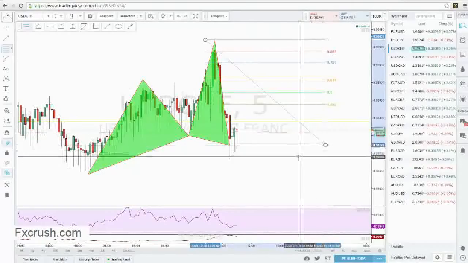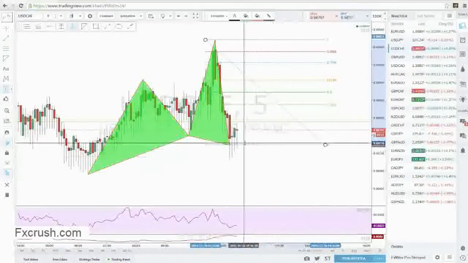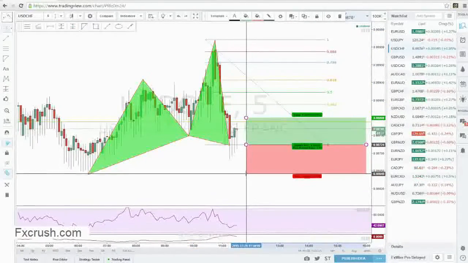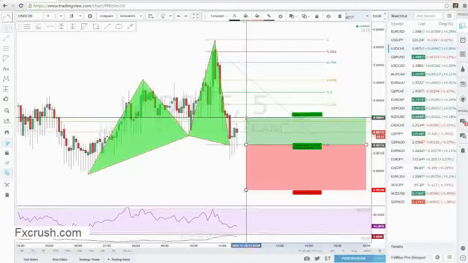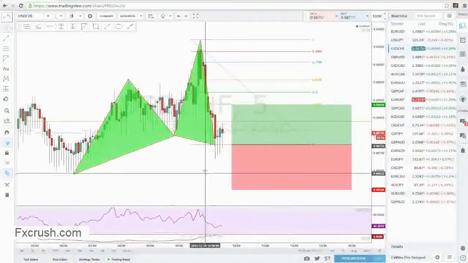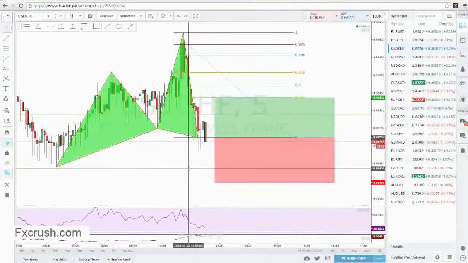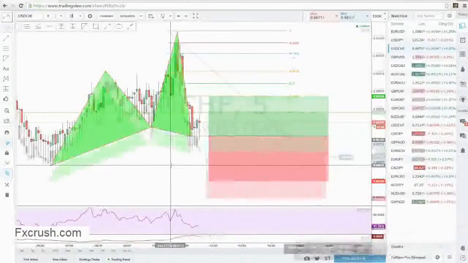Targets will be at the 382 retracement, and stops will be just below X. Alright guys, if this market does come down and retest our entry and we get involved in this trade, then I will keep you updated on how it plays out.